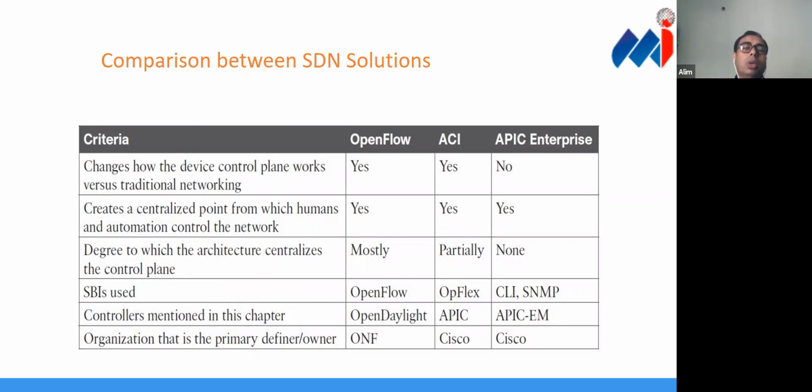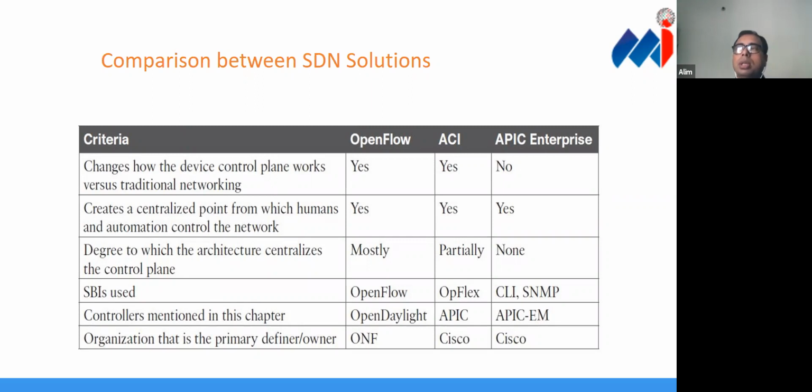So what are the differences? They change how the device control plane works versus traditional networking. Yes, there are changes in OpenFlow and ACI, but in APIC Enterprise there is no difference. Control plane is all still in the devices. But in ACI, there are also changes.